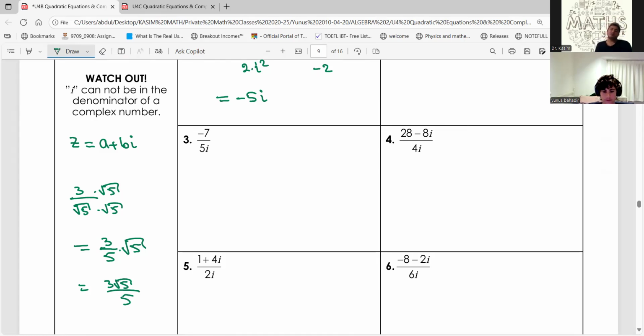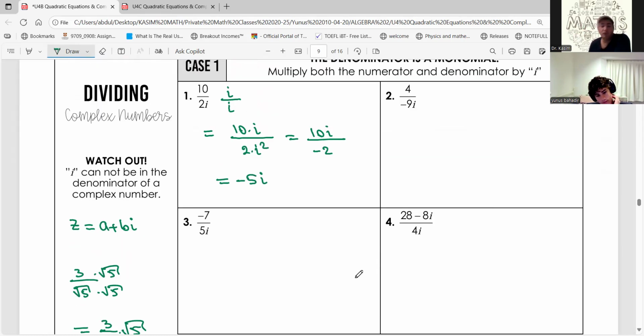Usually when we say simplify, in the denominator there must be a whole number. Why? You cannot divide 5 by i, but I can divide it by 6. That's why we change the denominator into a real number, usually an integer or whole number.